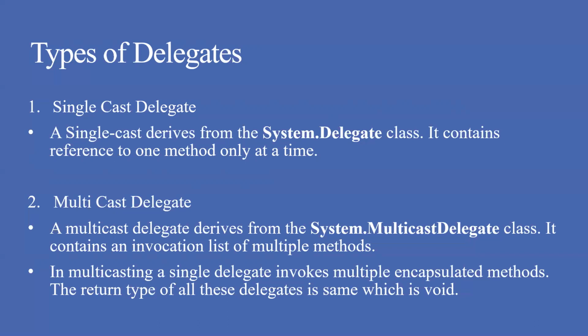But a multicast delegate is derived from the System.MulticastDelegate class and can have pointers to multiple methods at a single time. But there is a condition: in multicasting, where a single delegate invokes multiple methods at the same time, the return type of all those methods is the same, which is void always.